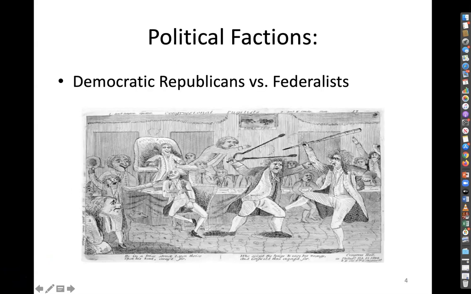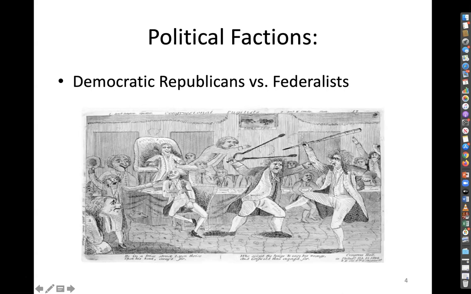Now, as mentioned earlier, the way you have to think about the early national period is a republic newly born and, in a way, a blank slate that needed to be filled with content, right? And one particular way this was going to happen is through the establishment of precedents.